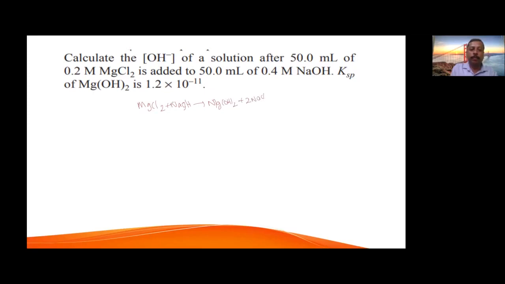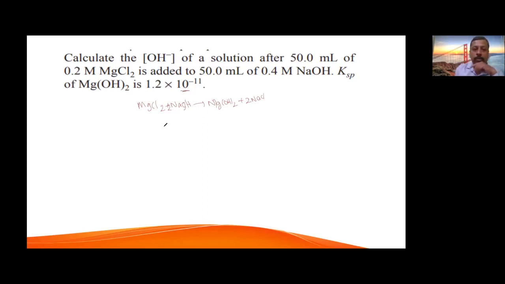For balancing purpose, we have to take 2 NaOH. Now, first of all, we should confirm whether precipitate forms or not. If precipitate forms, then we can use this one. If precipitate does not form, we can find out the OH concentration very easily.